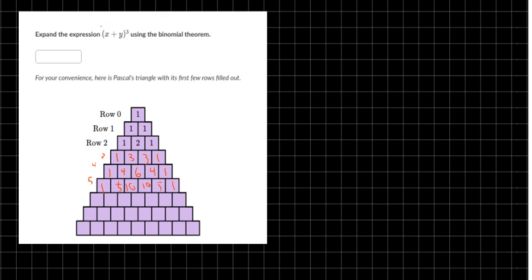Now it's asking about x plus y to the third power. That is going to give us this row, row 3 here. Remember, let me just say this is n, and we're going to work on the nth row.